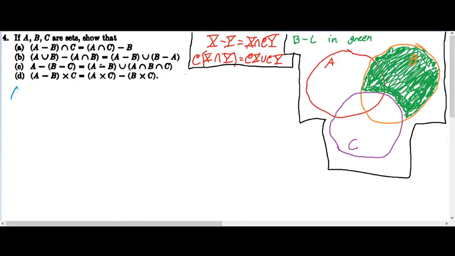So let's start by showing that, for shorthand, the left-hand side set is a subset of the right-hand side set.